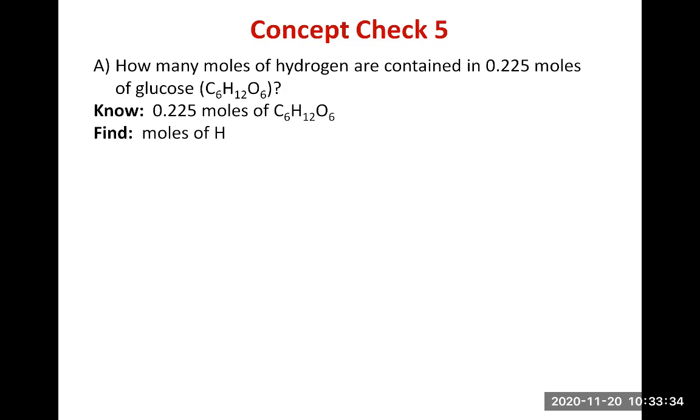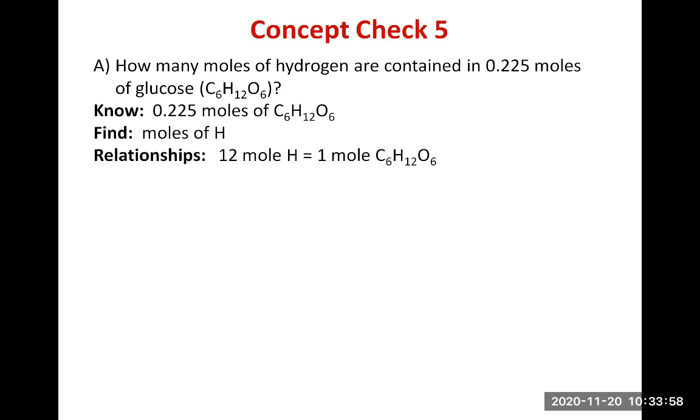So we have the formula, and we have a number of moles of that formula, molecules of that. From the formula, you can extract the proportion of hydrogen for 1 mole of one formula. So you have 12 hydrogens per formula of C6H12O6.